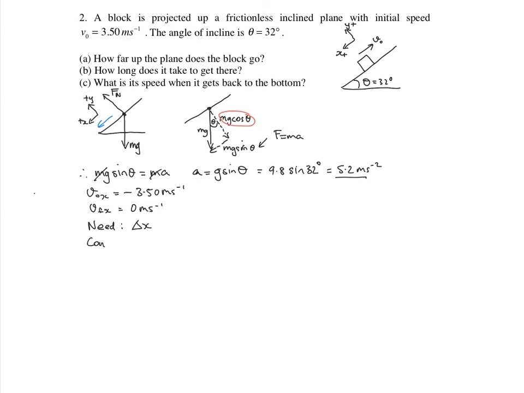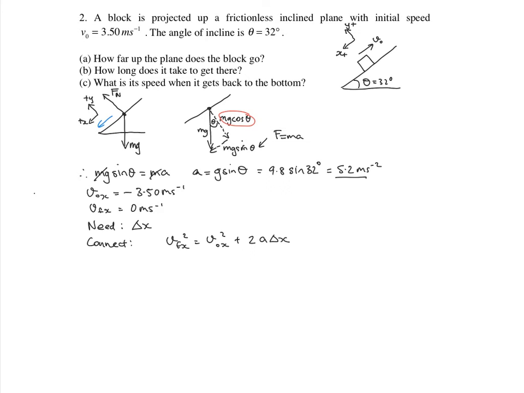And we connect that with one of our kinematic equations, our equations of motion. The one that has all of those things, it has the acceleration, the velocity, final and initial, and we're looking for delta x, is this one. It's Vf squared equals V naught squared plus 2a delta x. Okay, these are all in the x direction.